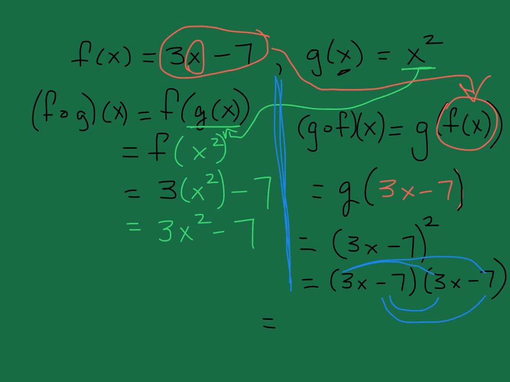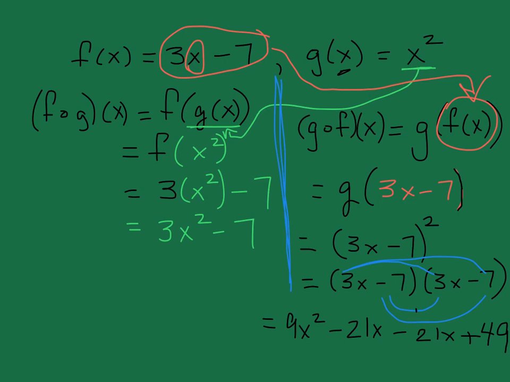So that will give us 9x squared, 3x times 3x. 3x times negative 7 is negative 21x. Negative 7 times 3x is negative 21x once again. Negative 7 times negative 7 is positive 49.